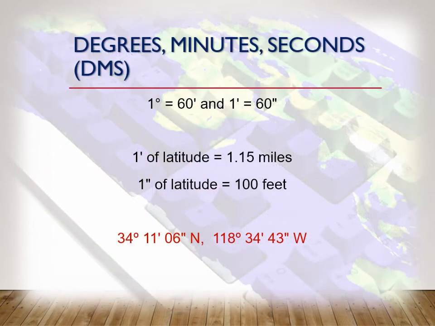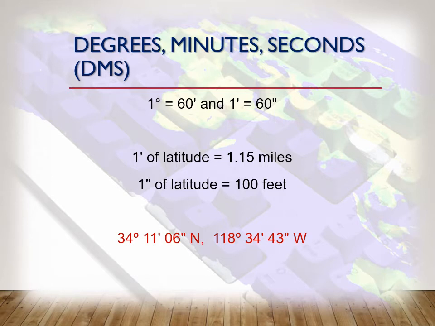So there's some formats that we deal with when it comes to latitude and longitude. We can do degrees, minutes, and seconds, or we can just do decimal degrees. Decimal degrees are pretty easy to understand. You basically have your latitude and your longitude with a decimal. Degrees, minutes, and seconds: 1 degree is 60 minutes and 1 minute is 60 seconds.